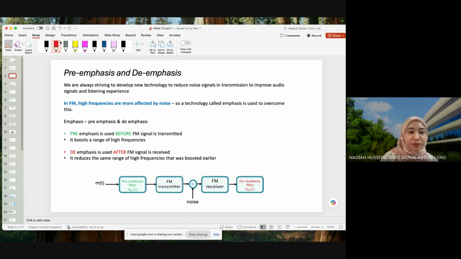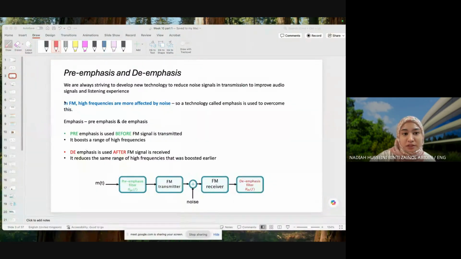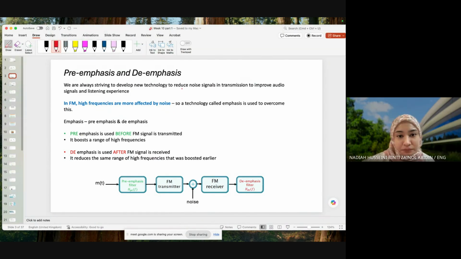Okay, so pre-emphasis. We are always striving to develop new technology to reduce noise in transmission and improve audio signals and listening experience. In FM, when we transmit a signal, the high frequencies are more affected by noise. For example, this is your signal.